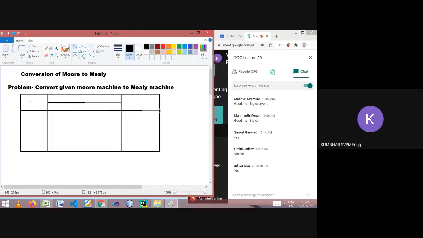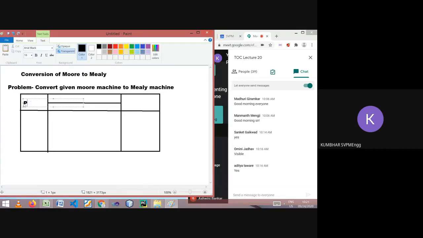Okay, so let me complete this question. This first part is the present state. Then here is the next state.